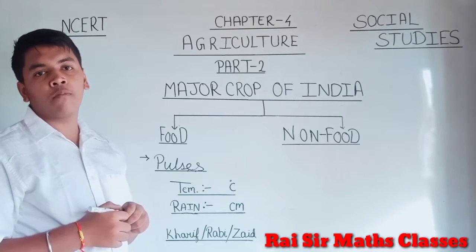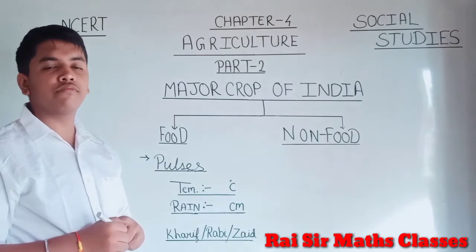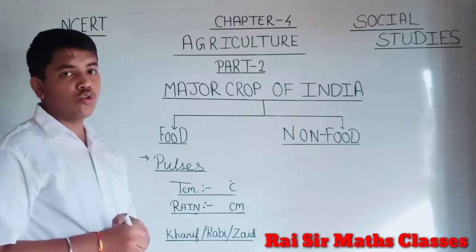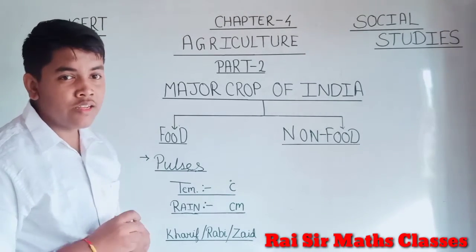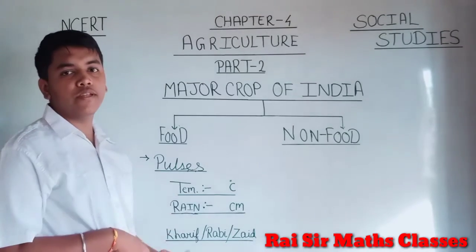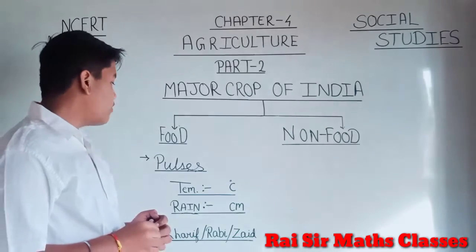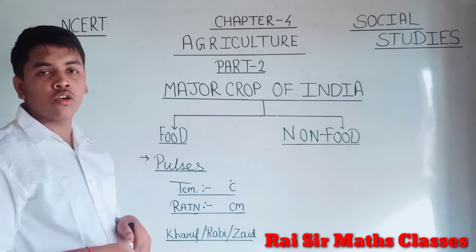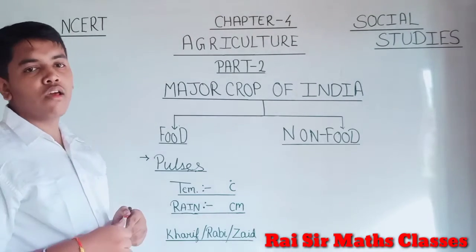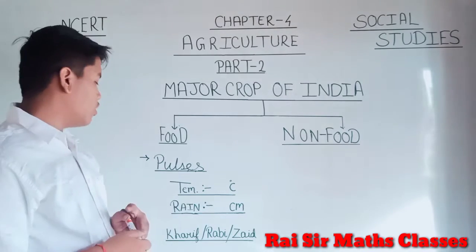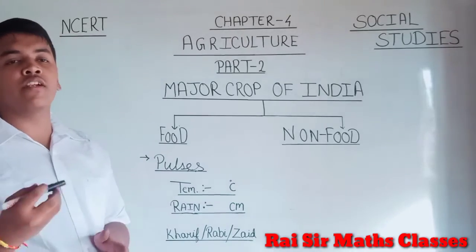Now let us talk about the last type of grain, or the fifth type, that is pulses. Pulses are neither Kharif nor Rabi, and not Zaid either. Some pulses can require a large amount of water, and they can also be produced with less water, and the same goes for temperature.